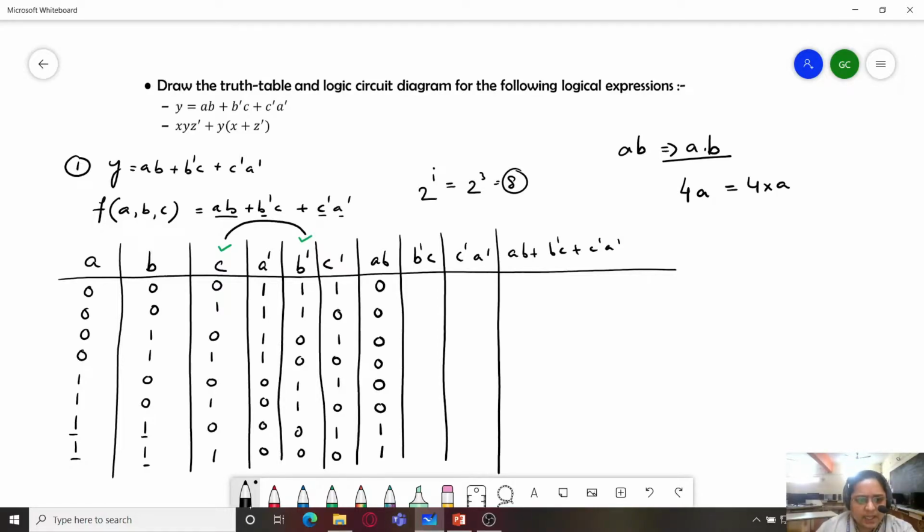So B dash and C: 0 and 1 will be 0, 1 and 1 will be 1, 0 and 0 will be 0, again 1 and 0 will be 0, 0 and 1 will be 0, 1 and 1 will be 1, and this will be 0. Then we have C dash and A dash.